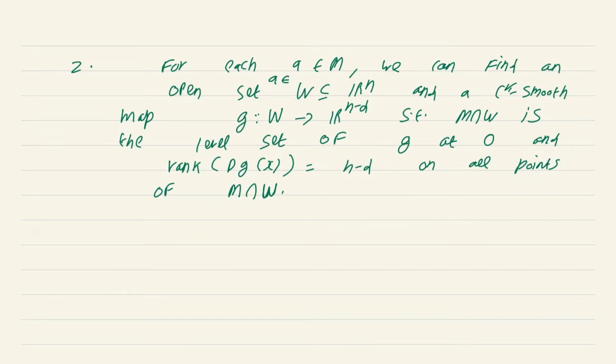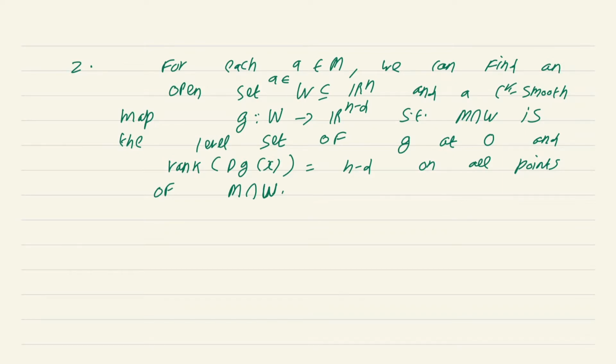Okay, so usually what happens is we consider only codomain R, so things become rather simple in that situation. Here we have codomain R^(n-d). In that scenario we had d to be n minus 1 and n minus d to be 1.